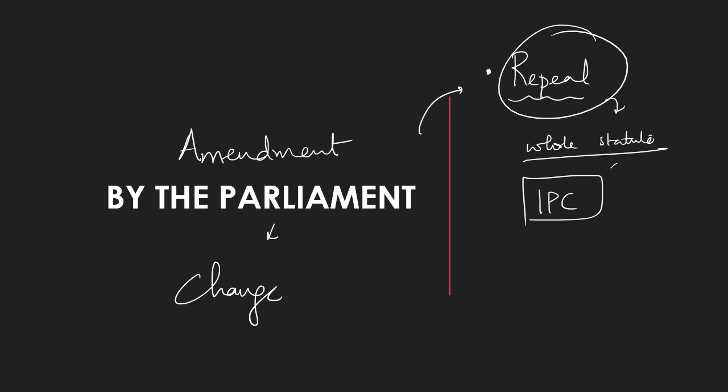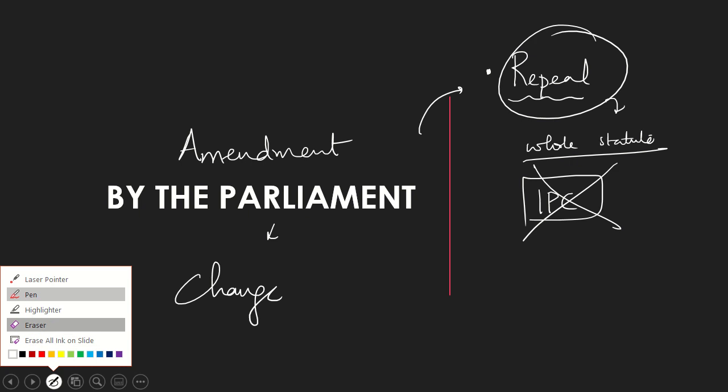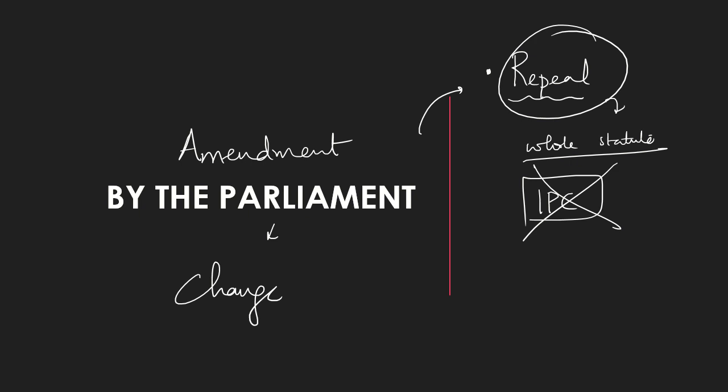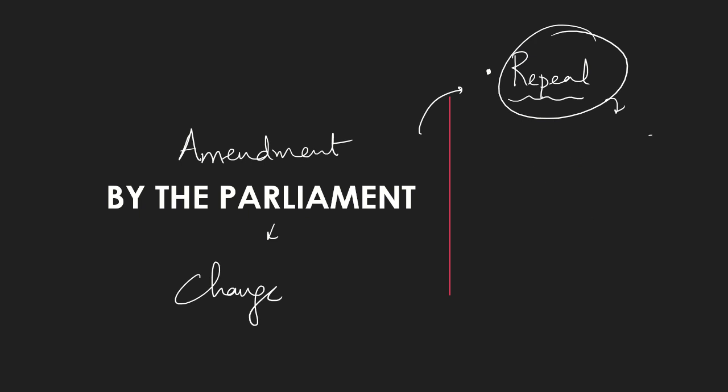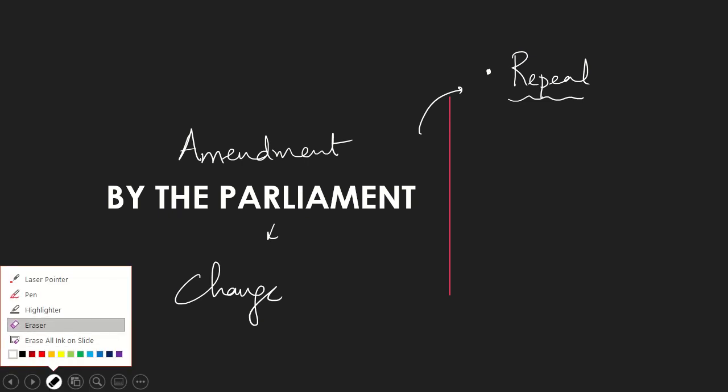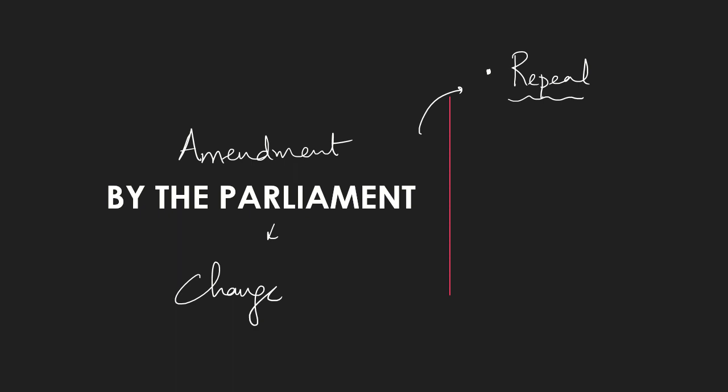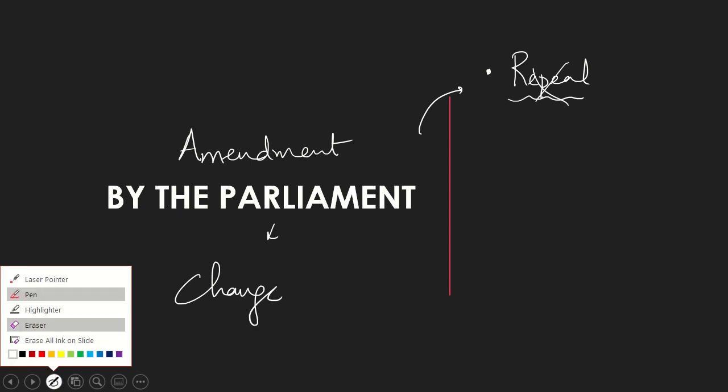You can just remove the whole statute. Like, okay, from tomorrow there is no Indian Penal Code. That would be a repeal. Okay, you can repeal the whole statute. That's possible. That will be called a repeal. In a way I will not call that an amendment because it is not a change, it is a complete removal. Therefore I will not talk of repeal as change because repeal is to completely remove.